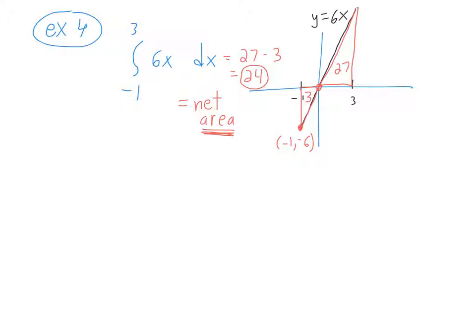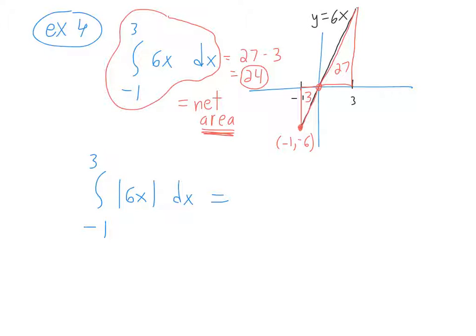If you were to throw all of this into your calculator, you would see that it's going to give you the net area. Now, what I would like you to do is put this into your calculator. Same exact thing, but now put an absolute value symbol around that. Well, the absolute value symbol is going to make sure everything is positive.